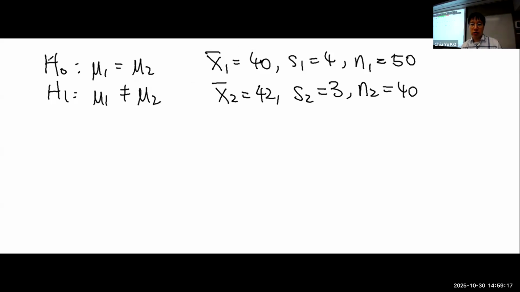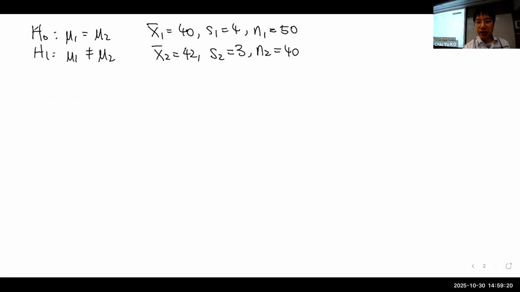So just to remind you, what we are seeing here is x1 bar, a bell curve with mean mu1 and variance sigma1 square over n1, where n1 is 50.